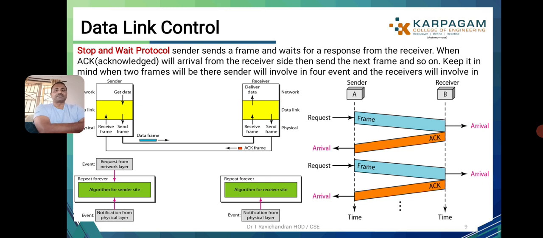The second one is the stop and wait protocol. The sender sends a frame and waits for the response from the receiver. The sender waits for a particular time for the acknowledgement. When the acknowledgement arrives, the sender sends the next frame.